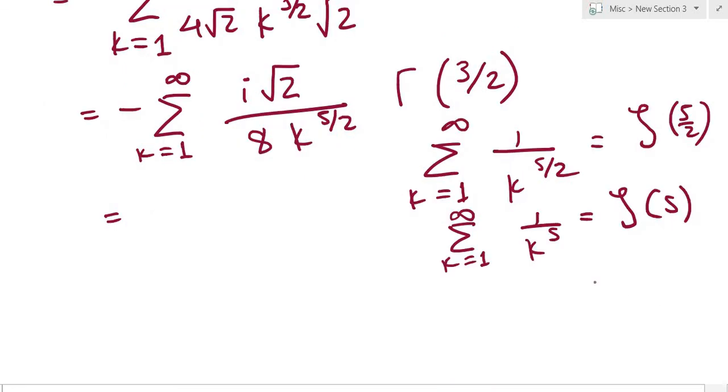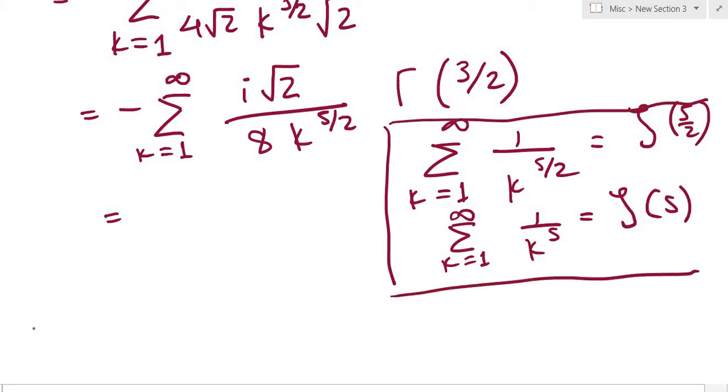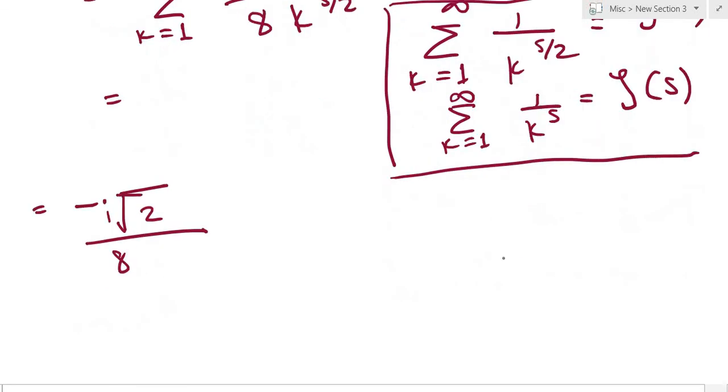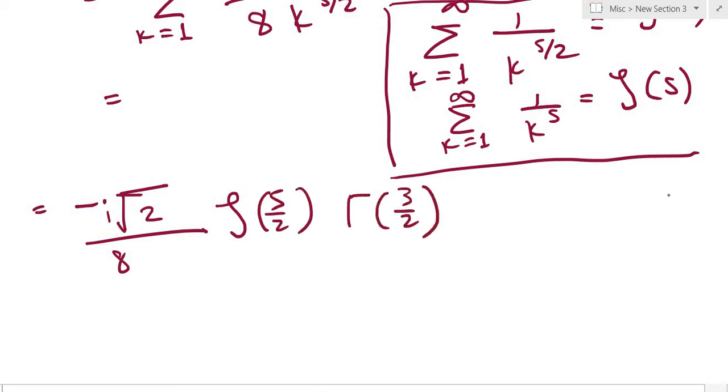So we know these facts. Indeed, this is negative i times root 2 over 8 times the Riemann zeta of 5 over 2 times the gamma of 3 by 2.